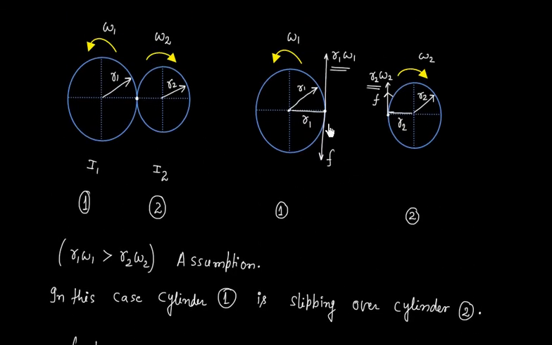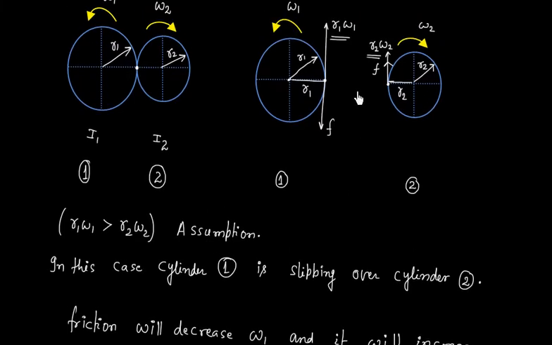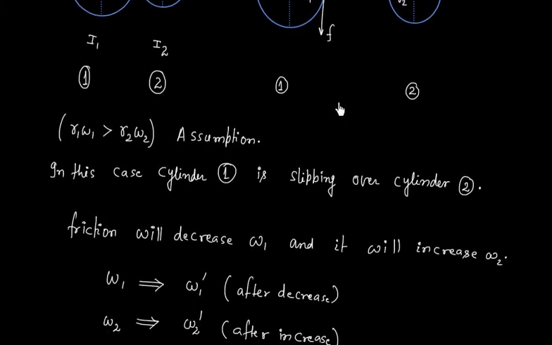Friction will stop when these two contact points will have the same linear velocity, and at that point there will be no slipping.